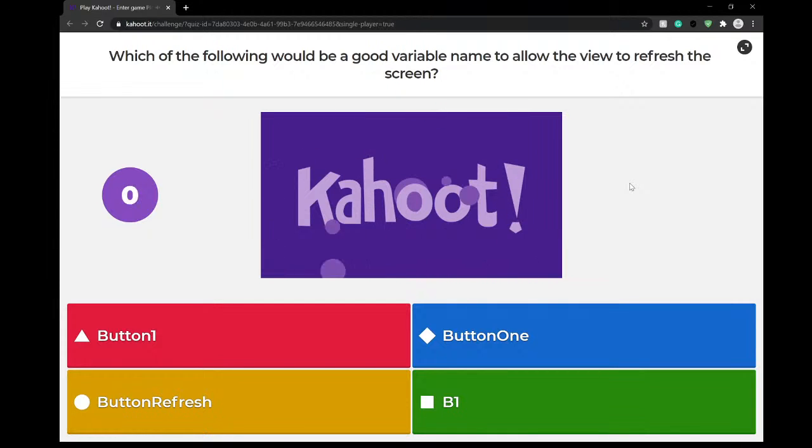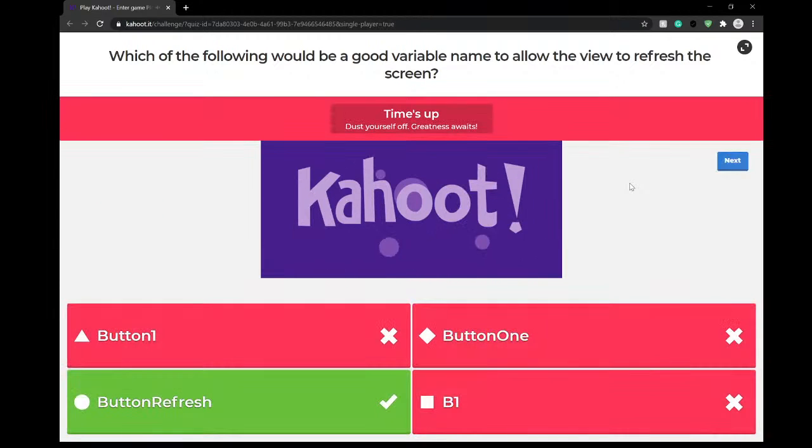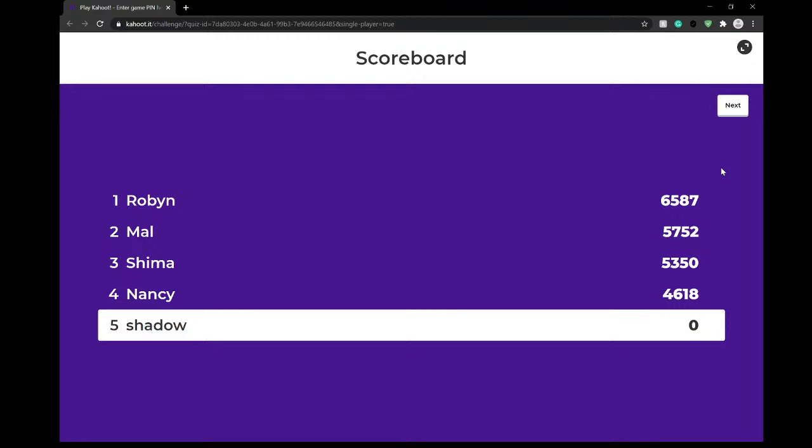So just name your variables well. The answer is C, button refresh, as the other ones don't really make sense. That one is the most reasonable answer. So moving on.